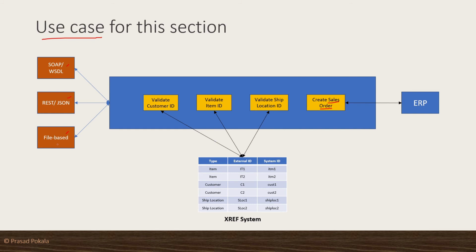What happens in their business process today is that once they receive the order in any of these manners, file, SOAP or REST, the key contents are the customer ID, which is the customer side ID, so they represent themselves as, yes, this is my order.